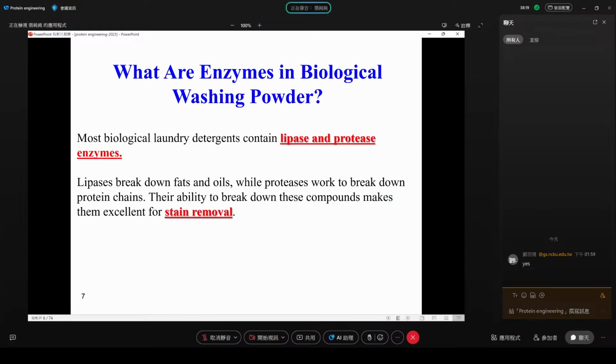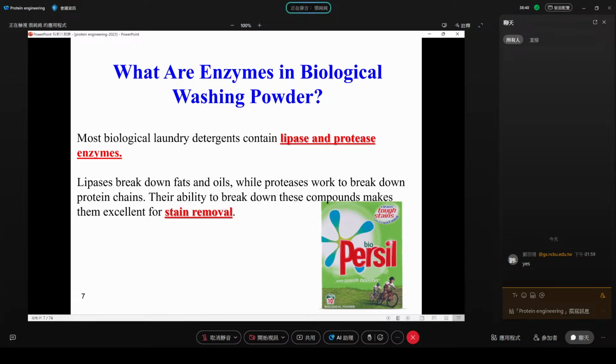So okay, Francis Arnold's work majorly started from here. They wanted to improve some lipase or protease enzymes to fit into laundry detergent, for stain removal. You can go to the supermarket to read the description of Persil.